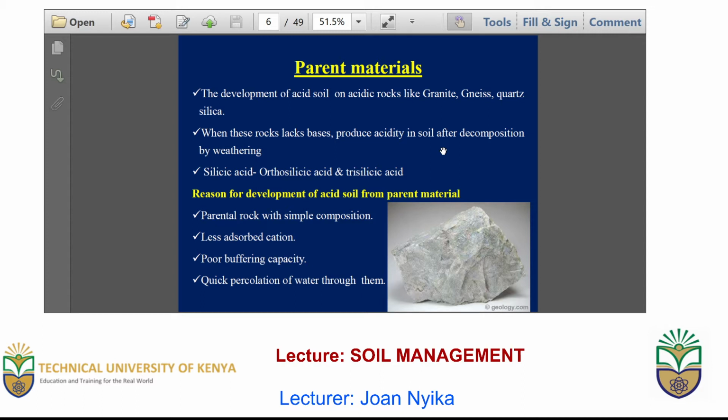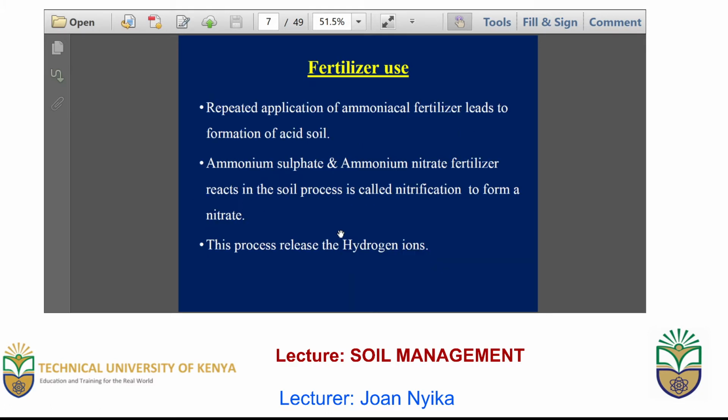If it is extremely basic, to neutralize so that the pH goes down. They also have fewer adsorbed cations, and the parent rock in this case usually has a simple composition, and it is quick for water to infiltrate through. Hence, the processes of eluviation and illuviation are very active in such material.